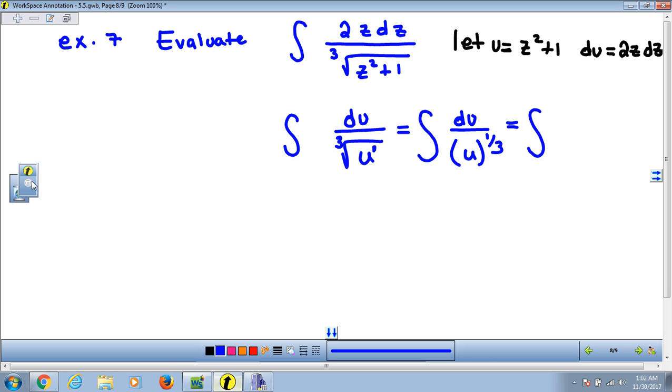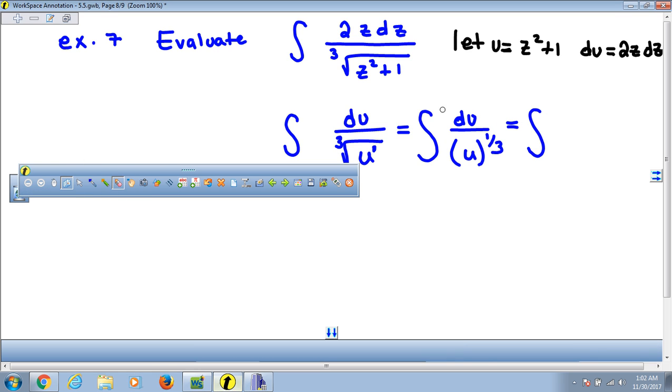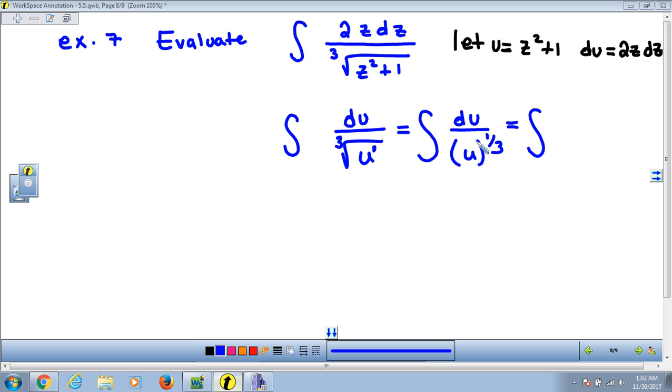Now, I know this looks like a 0, it's supposed to be a u. I almost closed it entirely. So if I put this u to the 1/3 to the top, the sign of the exponent will change to be negative. So then you're going to have u raised to the negative 1 over 3 du.